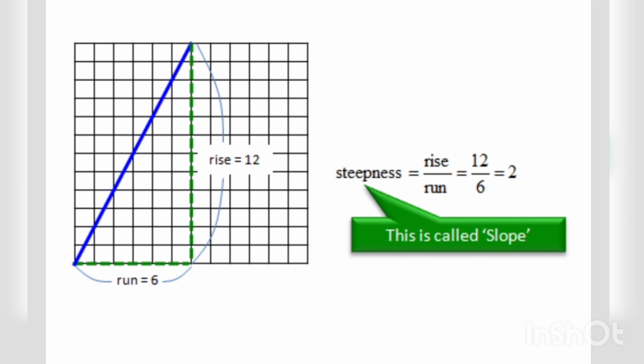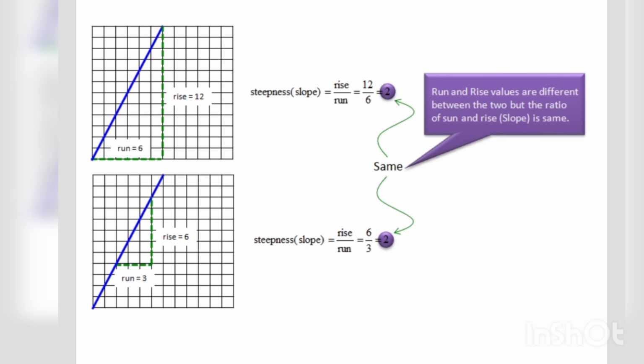So the run simply indicates the change in the horizontal direction, while the rise indicates the change in the vertical direction. And of course, the important point to notice is that even though the run and rise values may be different depending on which 2 points we take on that same line, the ratio of the run and rise, that is the slope, is the same.